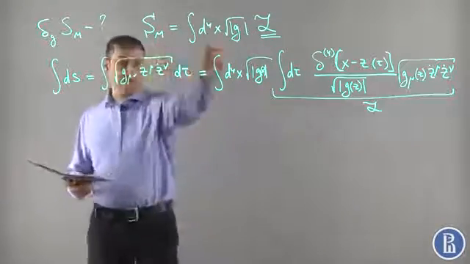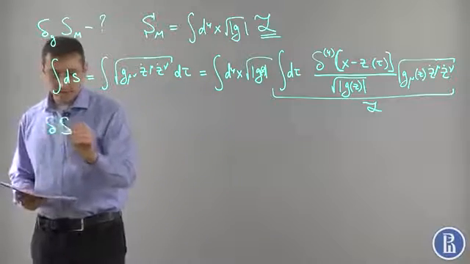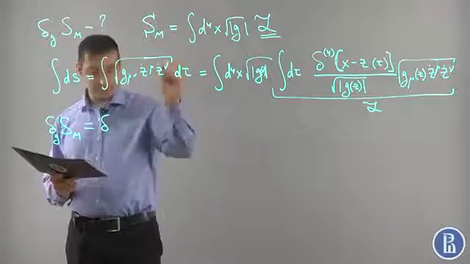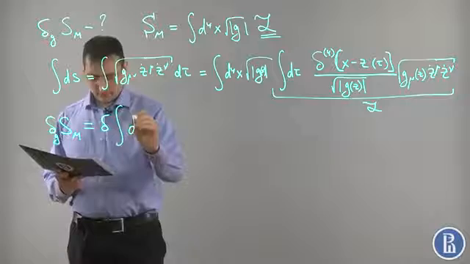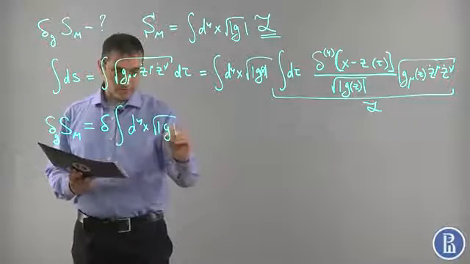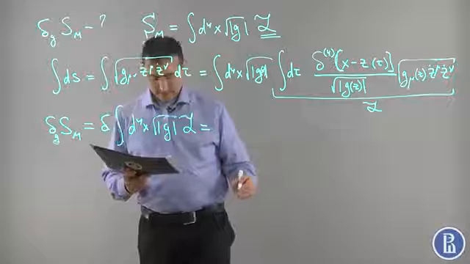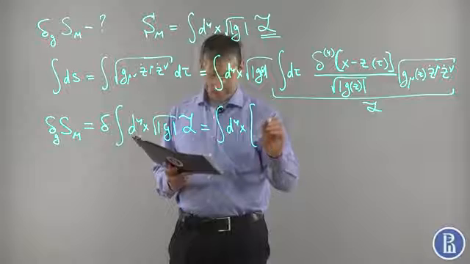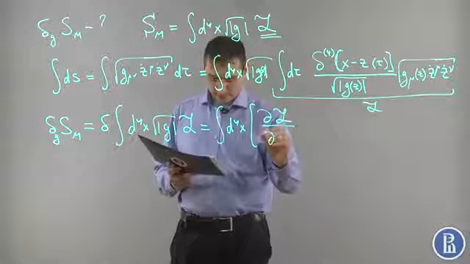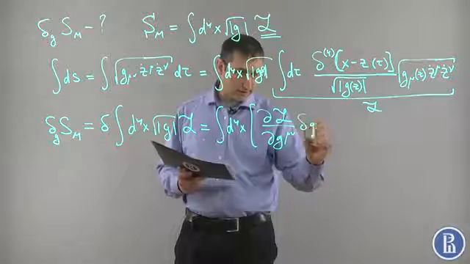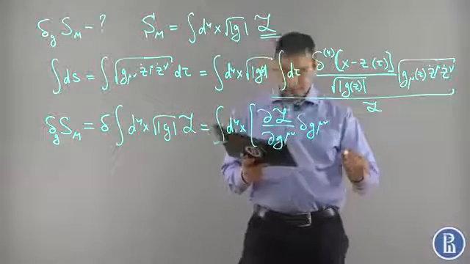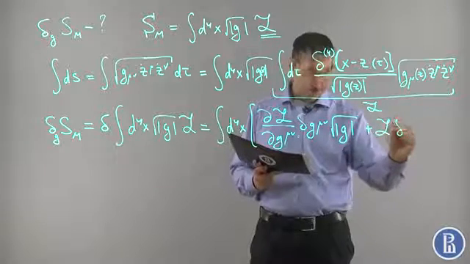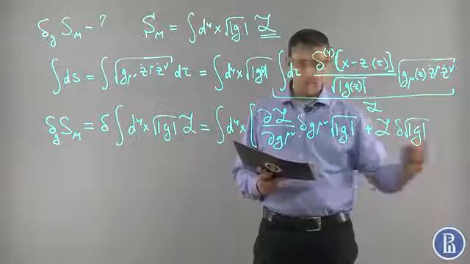So if it is like this, then the variation of the matter action with respect to the metric is given as follows. It's just the integral d4x of dL over dg mu nu delta g mu nu times square root of modulus of g, plus L times the variation of the square root of the modulus.